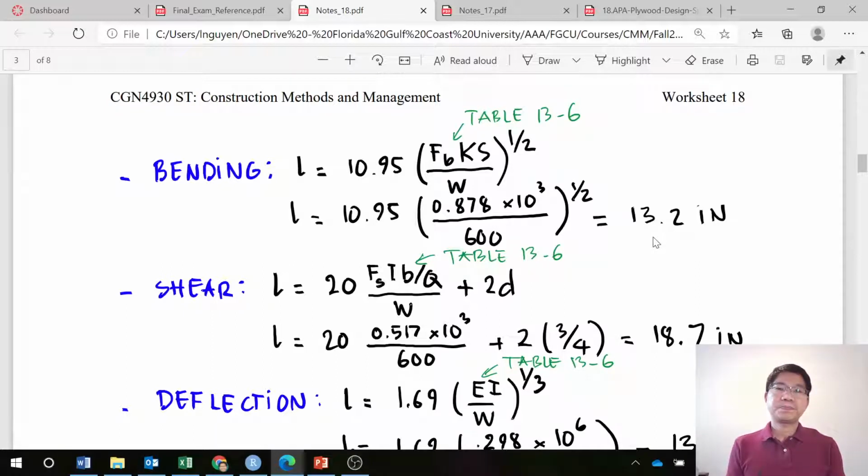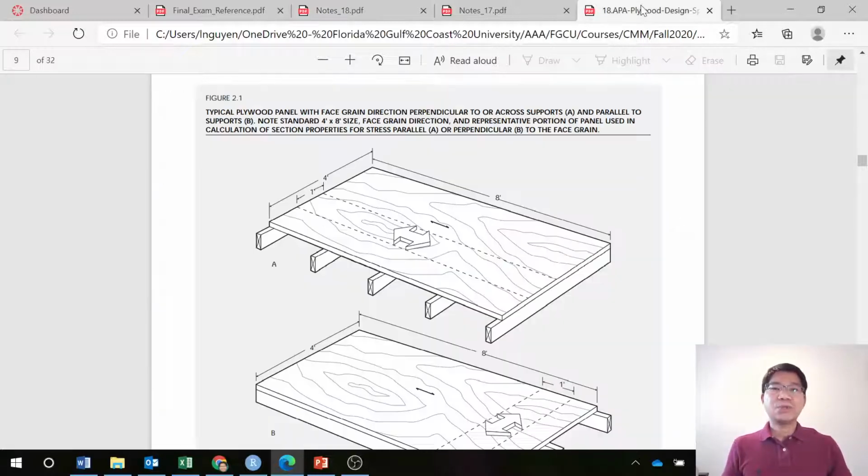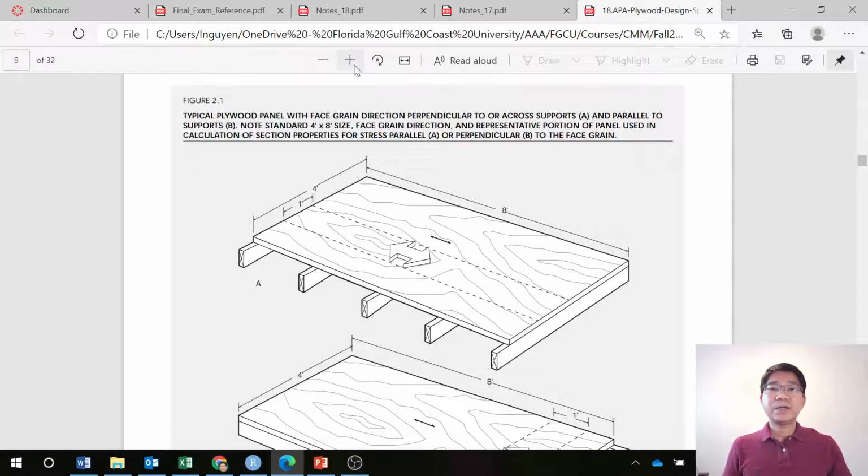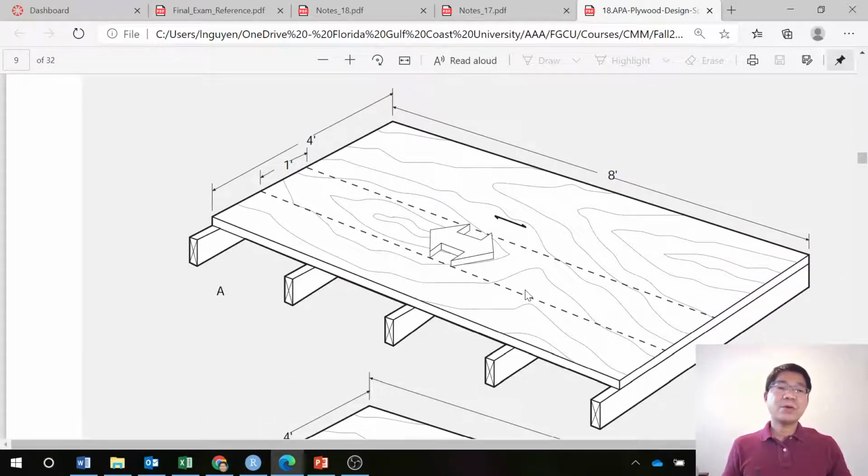13.2 inch. So what is the face grain parallel or perpendicular to the support? I just show you the finger here so that you can see the difference. So for the plywood or the wood, this is the face grain, and you can see typically in here, and the support is basically either stringer, joist, or stud, depending on what we are talking about, slab form or vertical form.